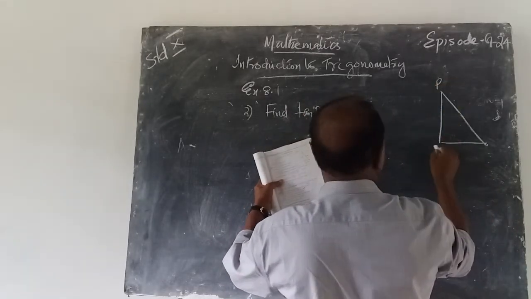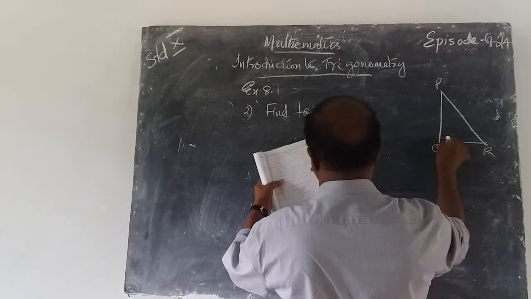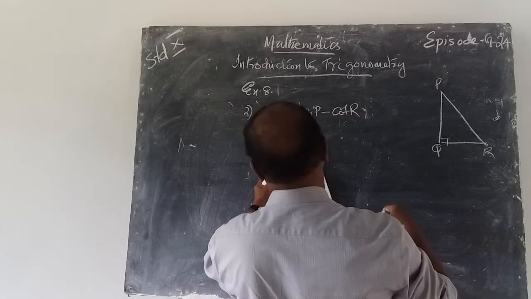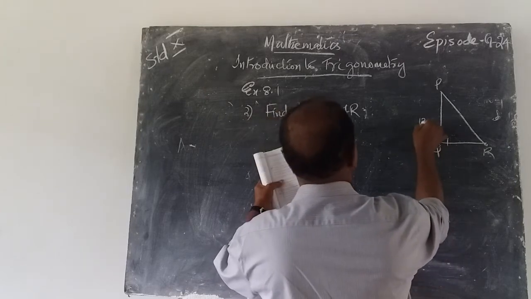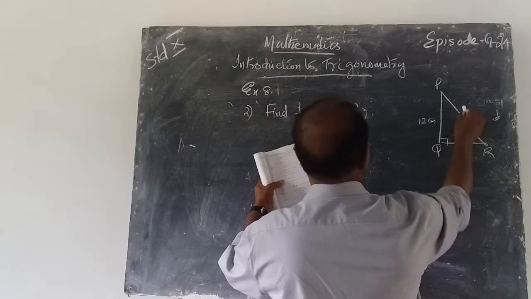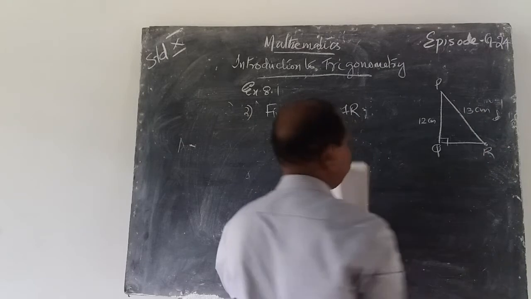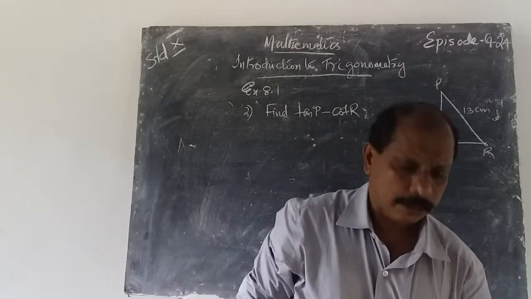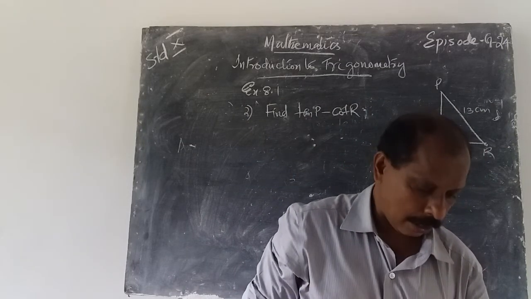PQR, Q is right angle, 12 centimeter, 13 centimeter. We can find out only tan and cot.